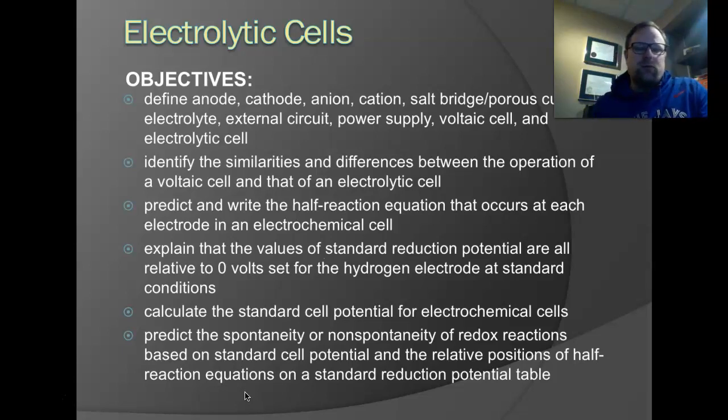And then for the last little bit, we've been focusing on: the strongest oxidizing agent gets reduced at the cathode, and the strongest reducing agent gets oxidized at the anode. So SOA, strongest oxidizing agent, gets reduced at the cathode. And the strongest reducing agent, SRA, gets oxidized at the anode.